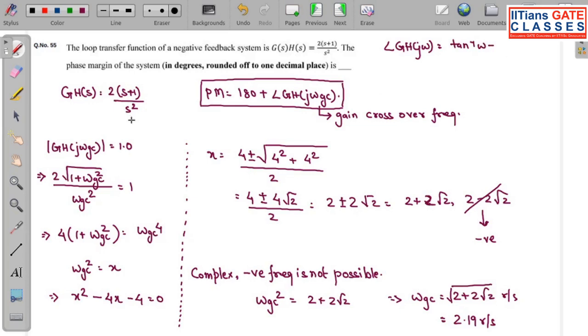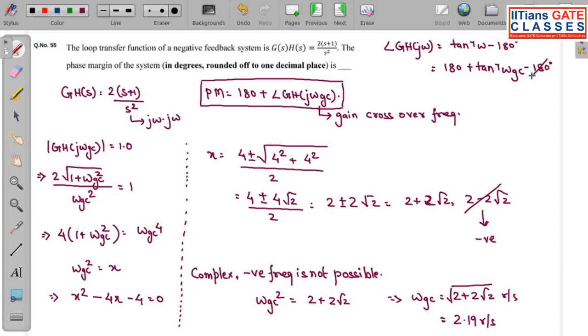For the denominator, j omega into j omega: for a single j omega it is 90 degrees, for two j omegas it is 180 degrees, and as it is in the denominator, it becomes minus 180 degrees. Now in the formula, we substitute: 180 plus tan inverse of omega gc minus 180 degrees.